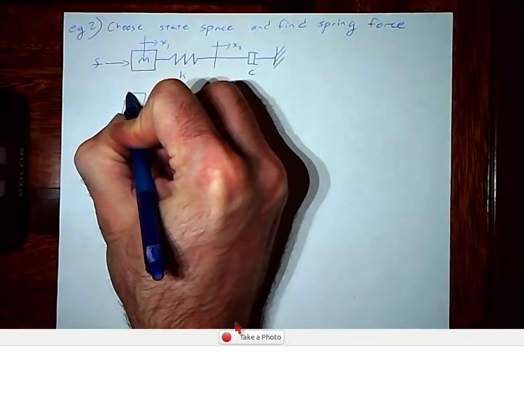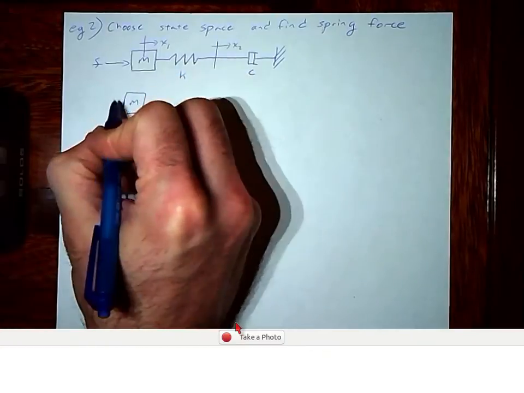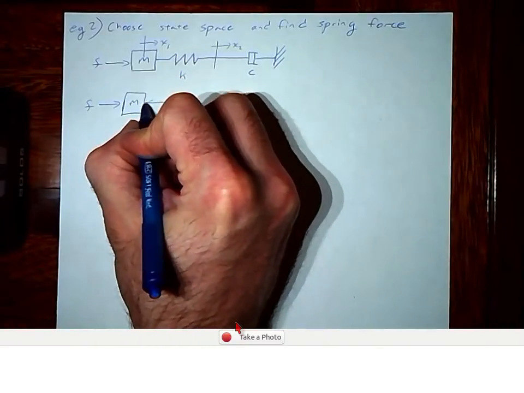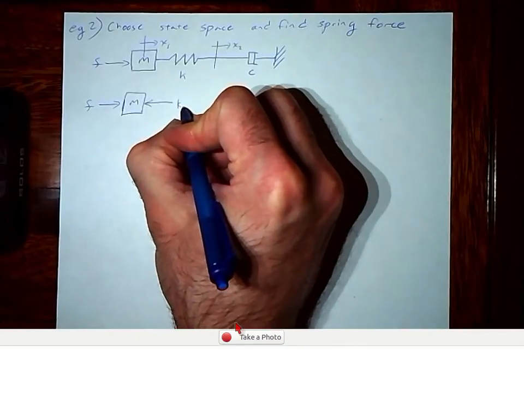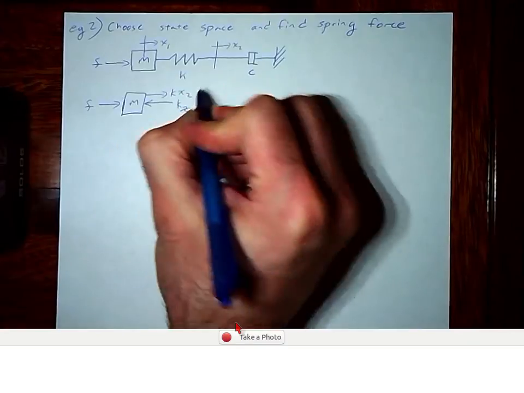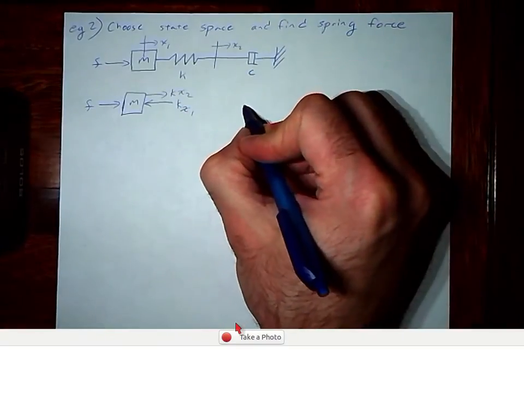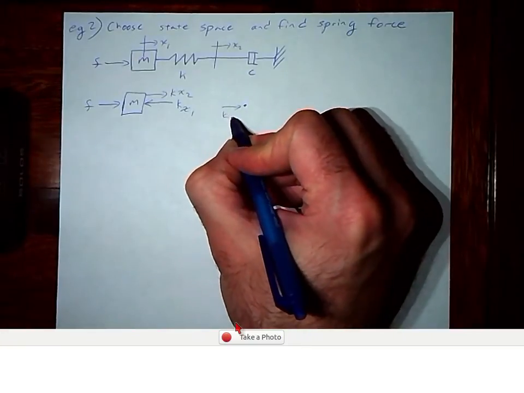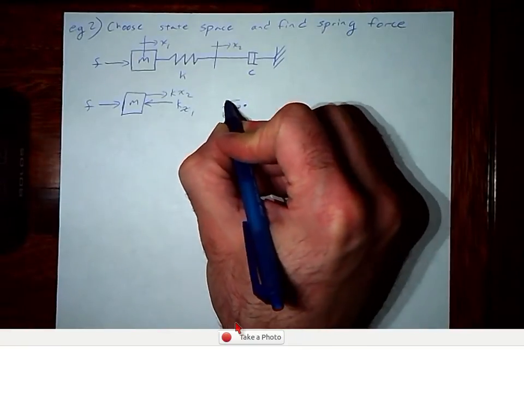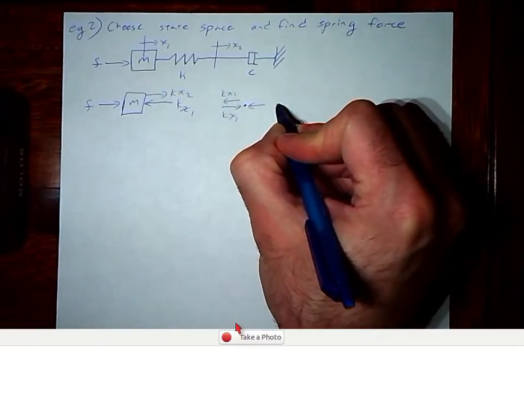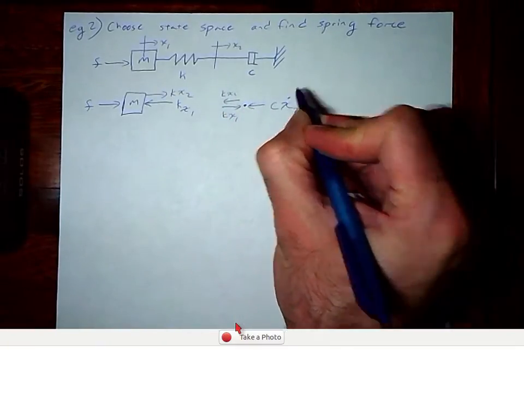So the free body diagram, we have M, there's F, and K x1, K x2. And in the free body diagram at x2, we have K x1, K x2, and C x2 dot.